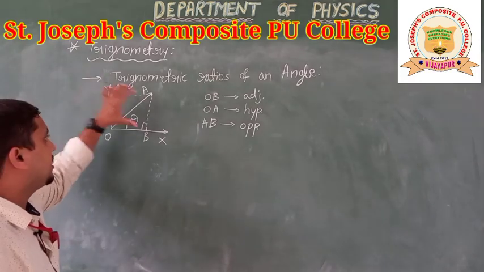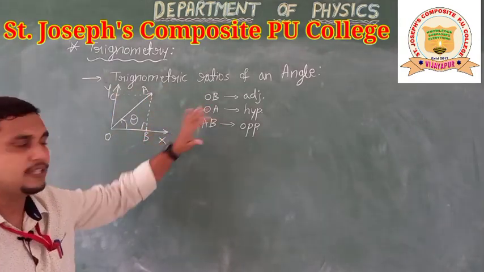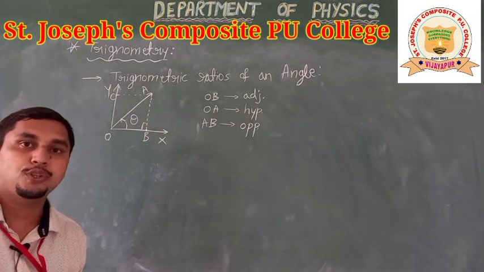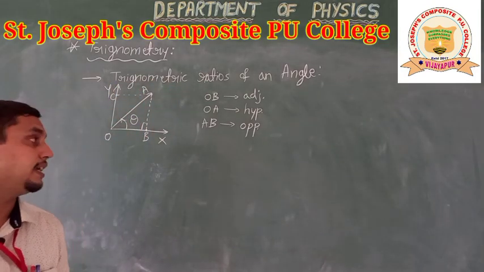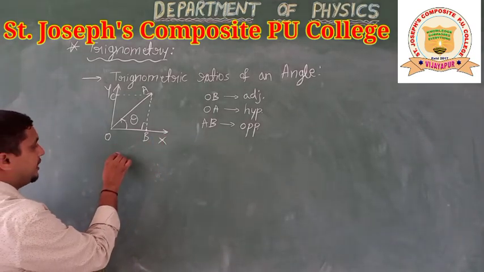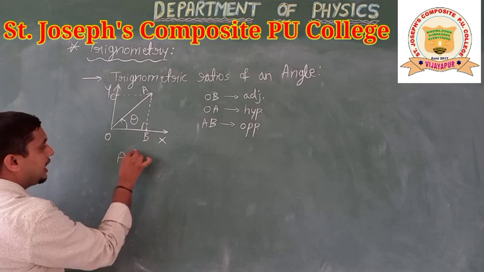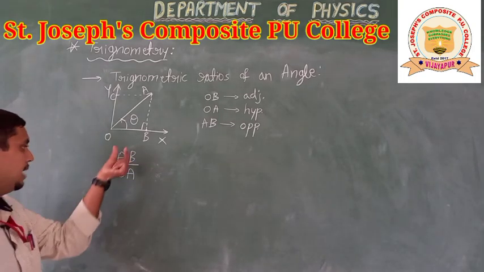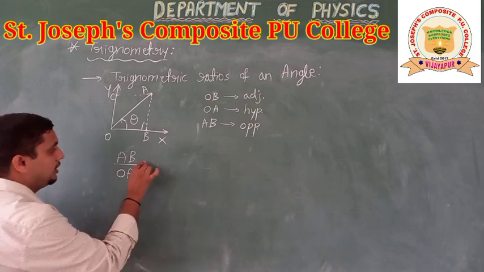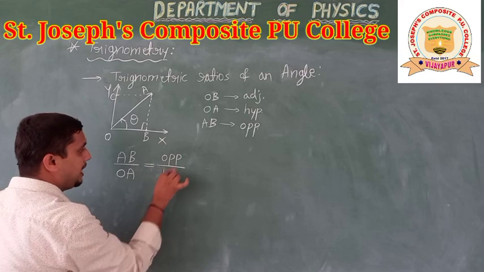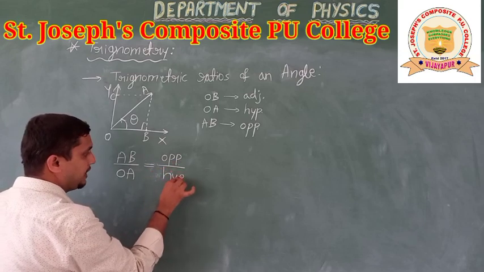Now by using this adjacent side, hypotenuse, and opposite, you already know the trigonometric ratios of an angle. First of all, we'll see AB divided by OA, that is opposite divided by hypotenuse.